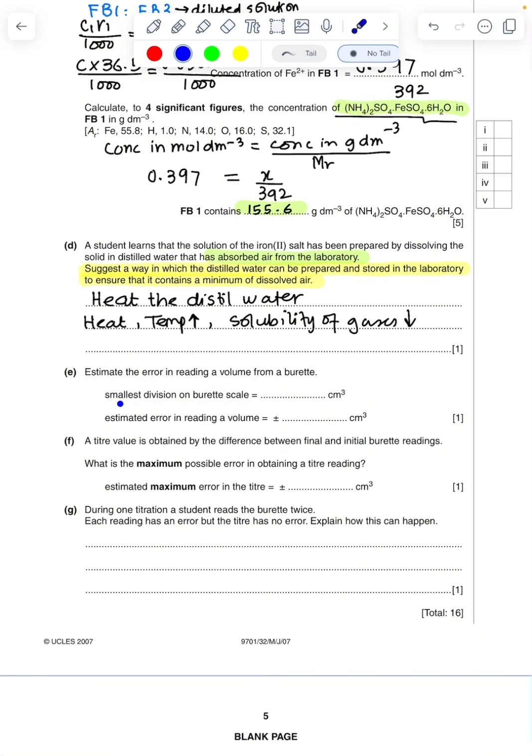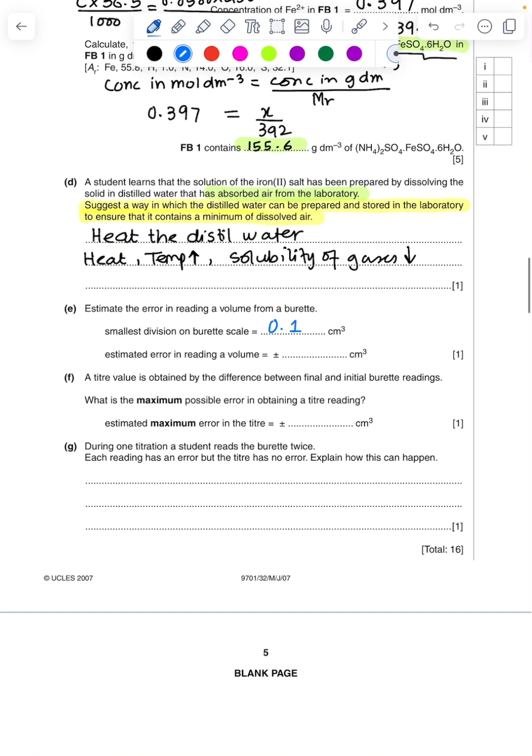So the next part says that estimate the error in reading from a burette. What is the smallest division on a burette scale? So the smallest division on a burette scale is always equal to 0.1 cm cube. And then we have to tell the estimated error in a reading. So basically it's an error in one reading. So one reading has an error of 0.05 cm cube. Then the examiner says what is the maximum possible error in a titre reading.